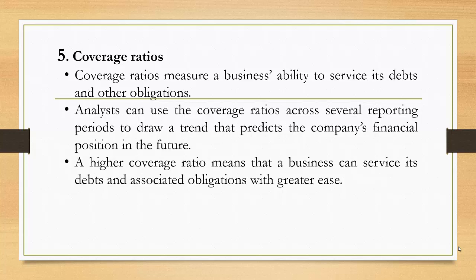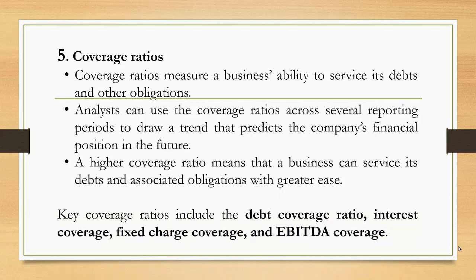A higher coverage ratio means that a business can service its debts and associated obligations with greater ease. Key coverage ratios include the debt coverage ratio, interest coverage ratio, fixed charge coverage, and EBITDA coverage, earnings before interest, tax, depreciation, and amortization coverage.